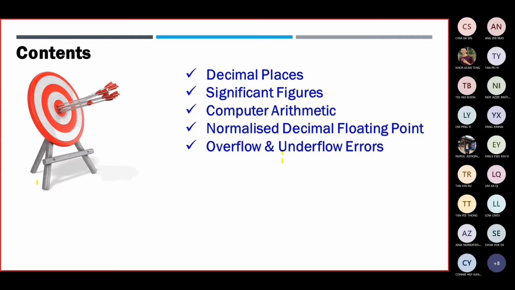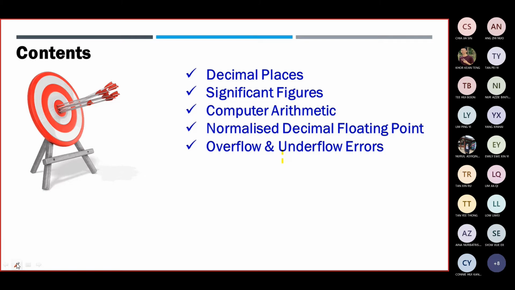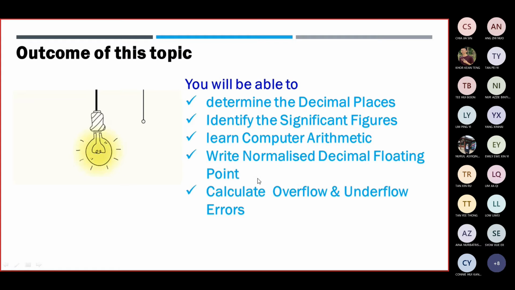By the end of this chapter, you will be able to determine the decimal places, identify the significant figures, calculate how the computer does the calculation using arithmetic, write a normalized decimal floating point, and calculate overflow and underflow error for particular solutions. So this is what will be covered today.